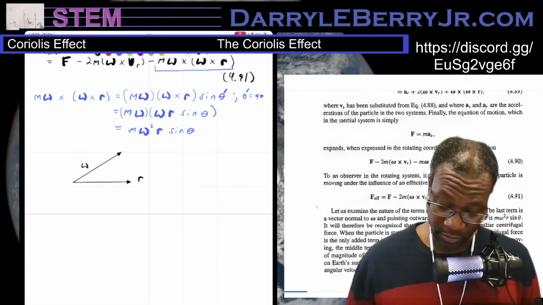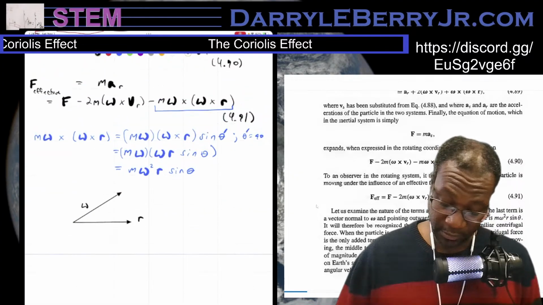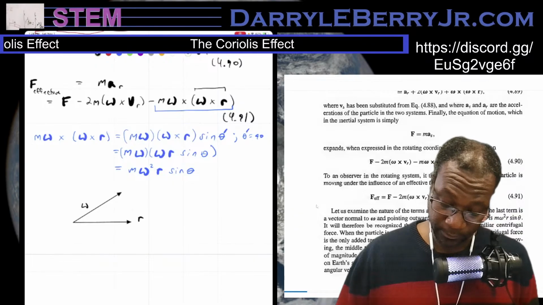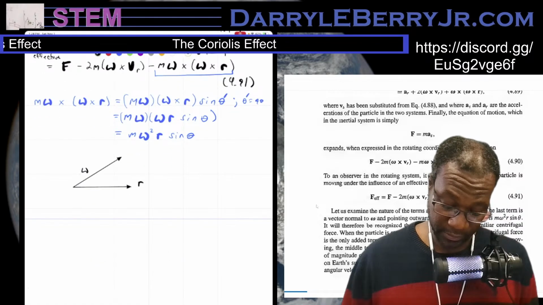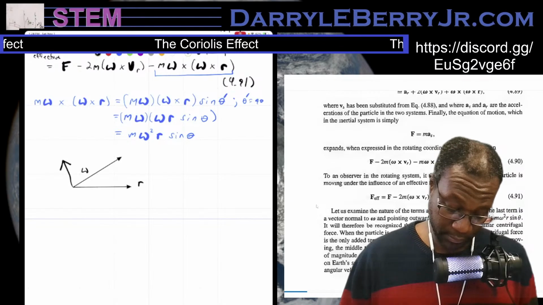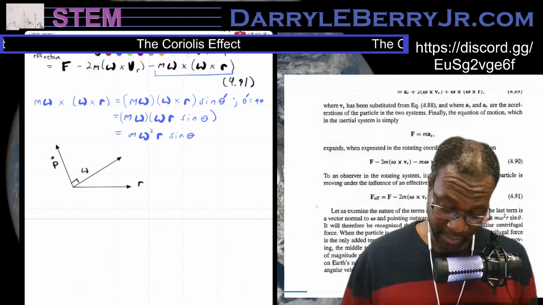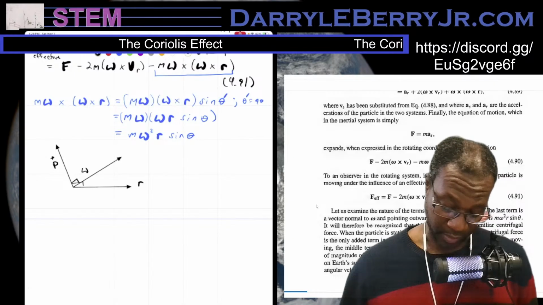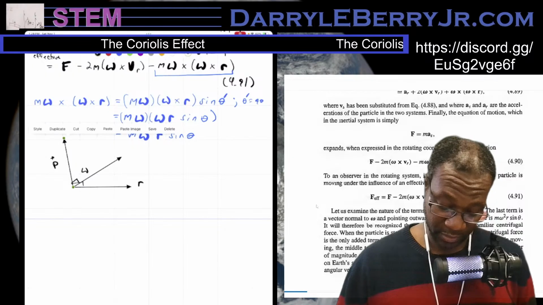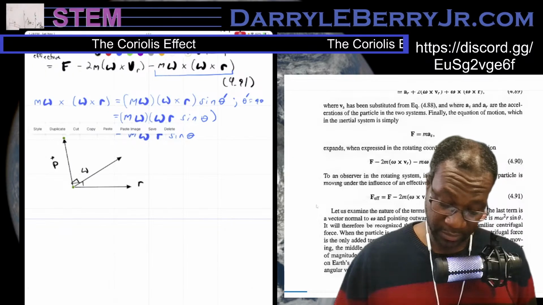And the product of these two vectors, I will call vector P. So vector P would be at a right angle to both of these. This is what I mean with the 90 degrees. So P, by the nature of the product, will be at a right angle to both of these.